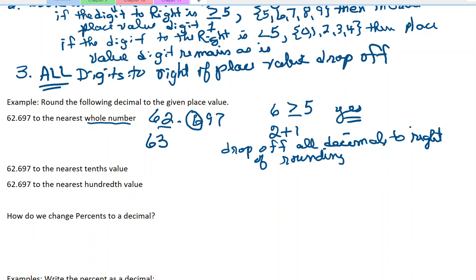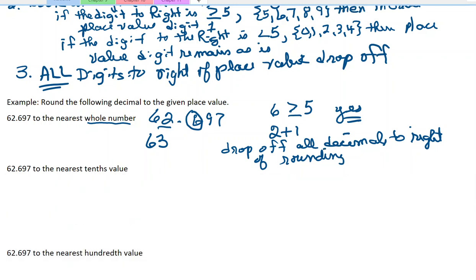Righty, here we go. So now we're going to do another one. This one is 62 and 697 thousandths to the nearest tenths. Well, the digit in tenths is the first one after the decimal. That's tenths. And we're looking at the 9. The 9 is greater than or equal to 5.